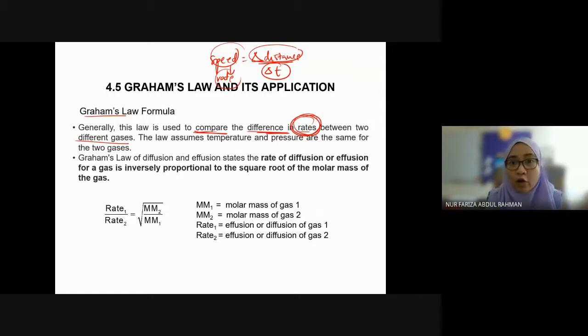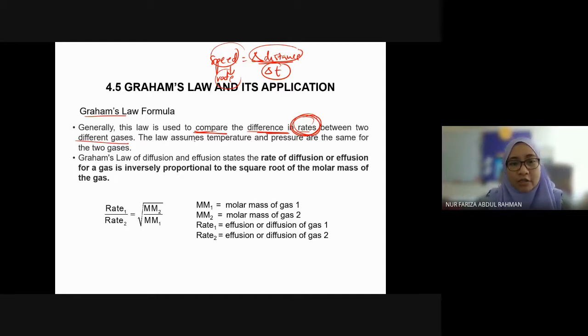It is called weight loss if we use kg or mass, the change in mass over time. And many more. As long as it is over time, it is a type of rate.